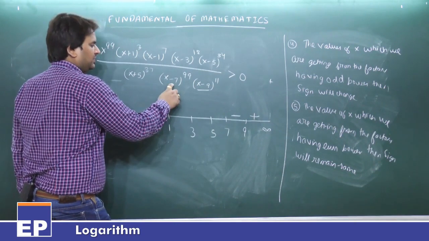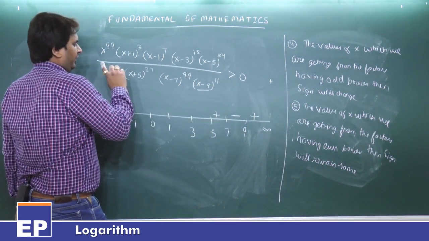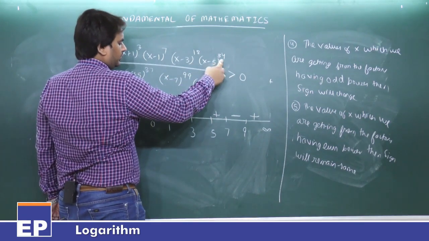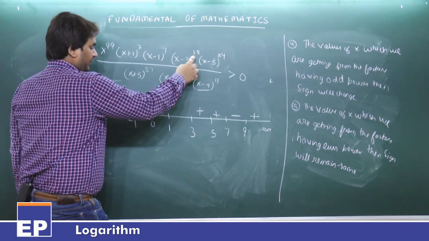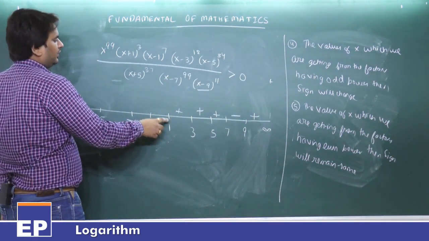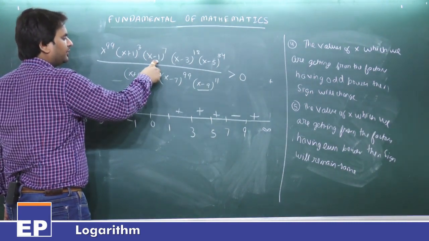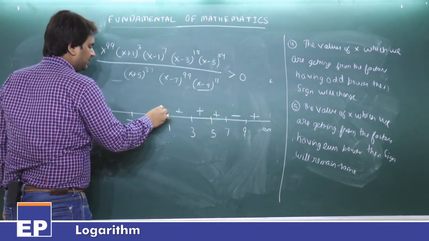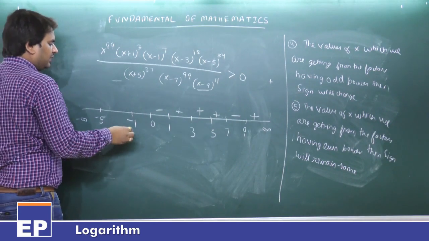Then 7 is also having odd power, then sign will change. Then 5, where we are getting the power 34, then sign will remain the same. Then 3 has even power, then sign will remain the same. Okay, then next is 1. From here I am getting x minus 1 to the power 7. 1 I am getting from this factor having odd power, then sign will change. In 0, this is having power 99, then sign will change.